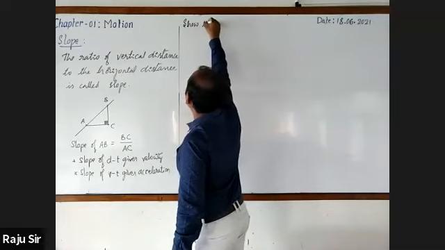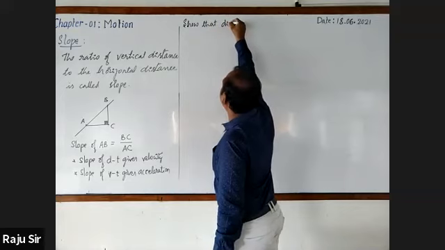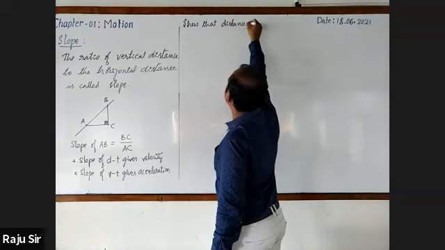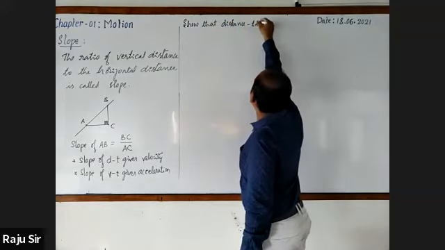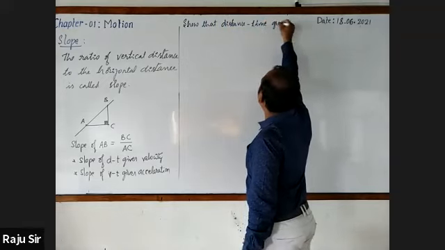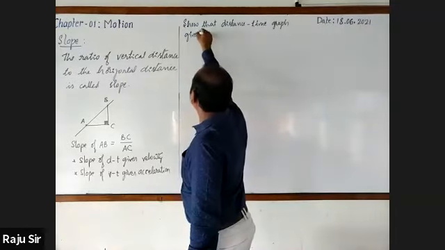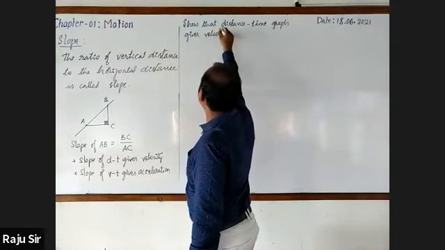Show that distance time graph gives velocity.